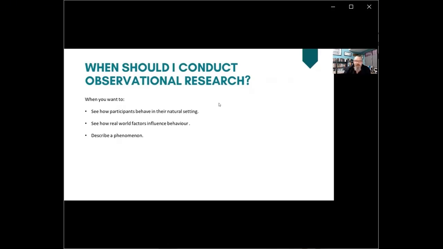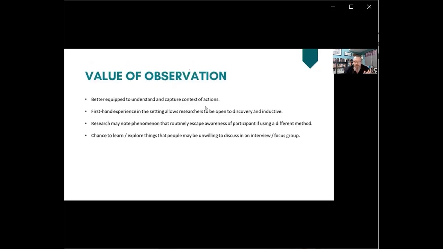And thirdly, it is useful for describing a phenomenon. So it's an opportunity to describe something that happens that we might not get in a controlled setting, or we might not get without a certain set of social or community parameters being around there as well.